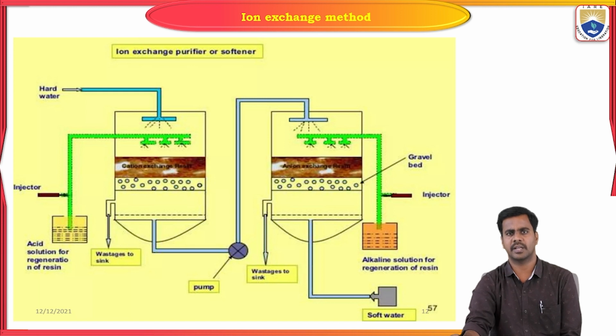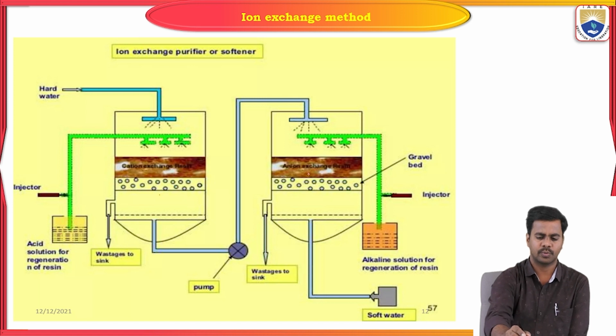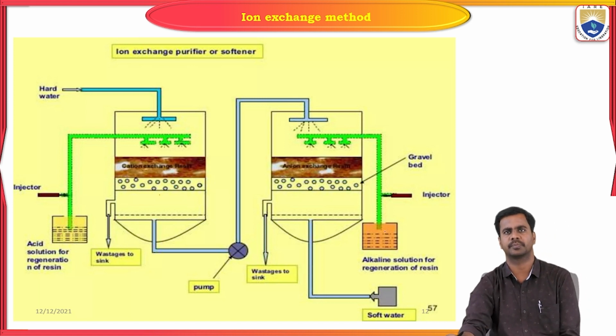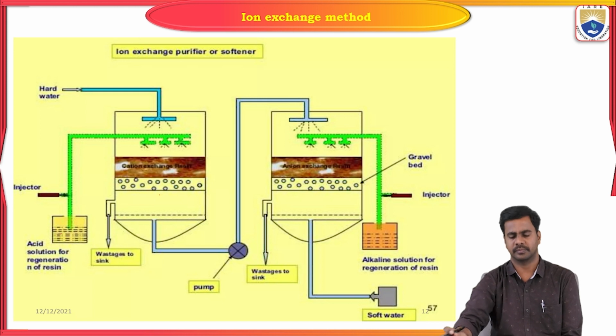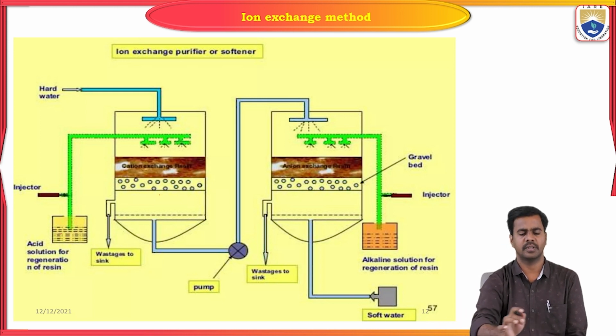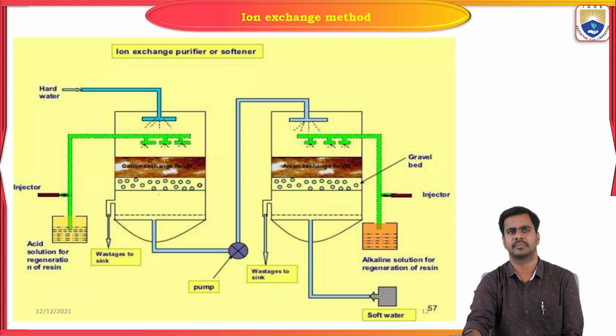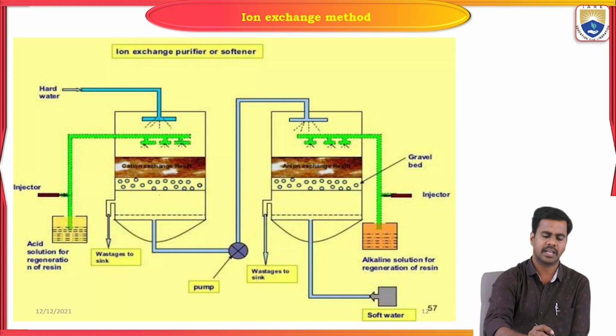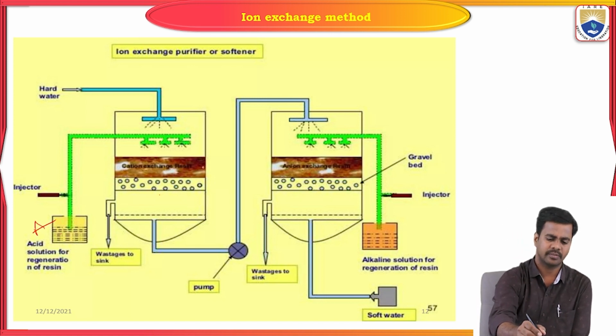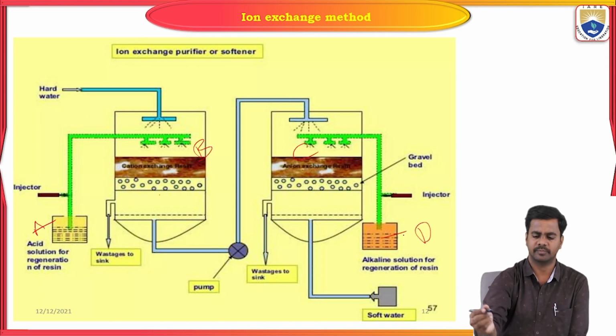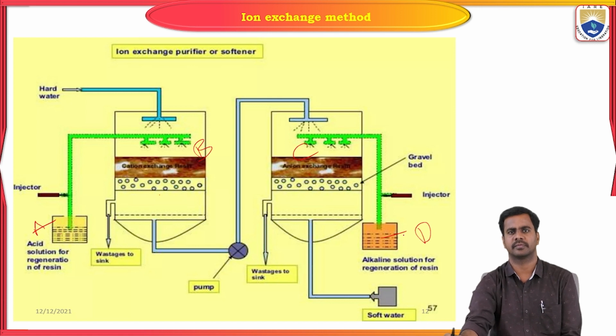There are 4 vertical tanks, 1, 2, 3, 4. These vertical tanks are interconnected with each other, and are represented as tank A, tank B, tank C, and tank D. These 4 tanks are interconnected with each other.